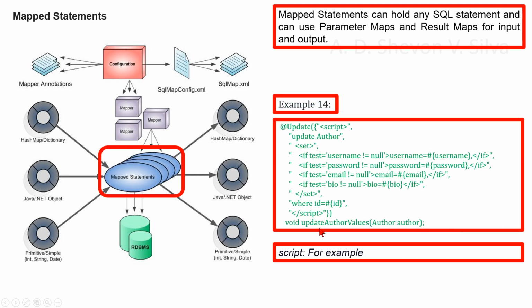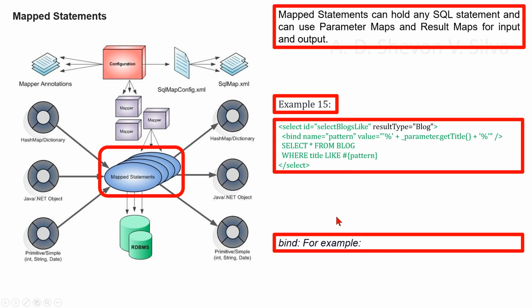We are considering now script, for example here. For using dynamic SQL in an annotated mapper class, the script element can be used. For example, here we are considering bind.